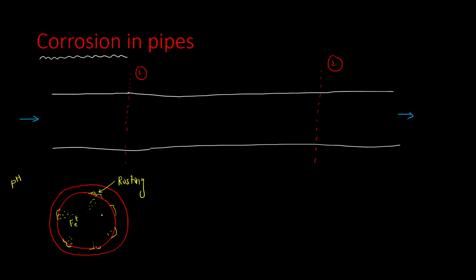Okay. Now here, what is happening? Iron particles are getting into the flow. So the water now contains iron particles. These iron particles react with the dissolved oxygen, and they create one compound, that is FeOH3, and this is a precipitate.